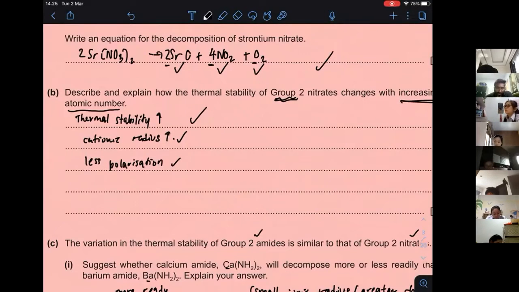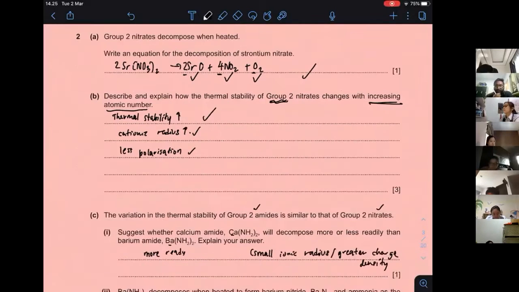Because of that, the thermal stability will increase. It's going to be more stable, so it's difficult to break the bonds in the nitrates. So please utilize everything here. The same thing that we always use is the cationic radius.